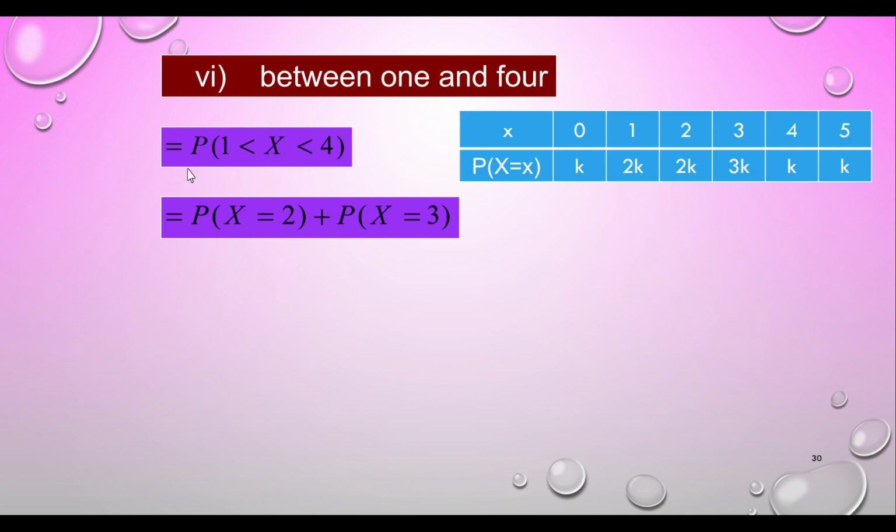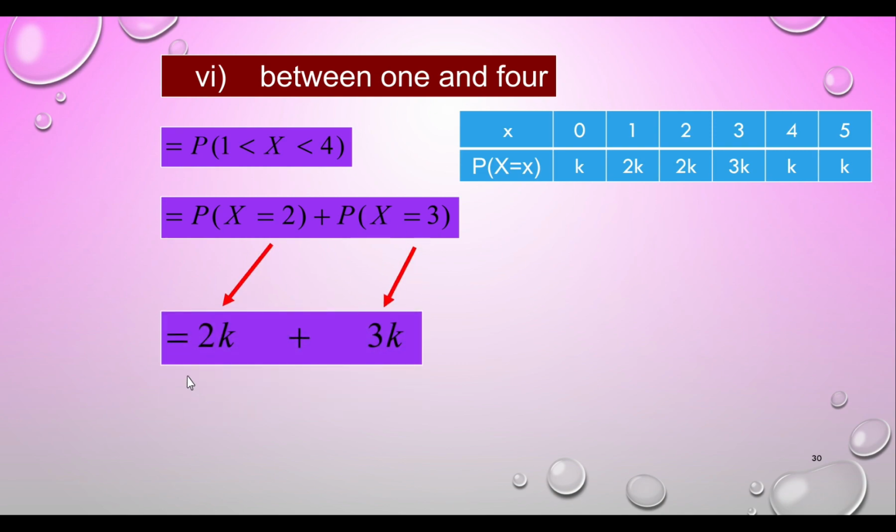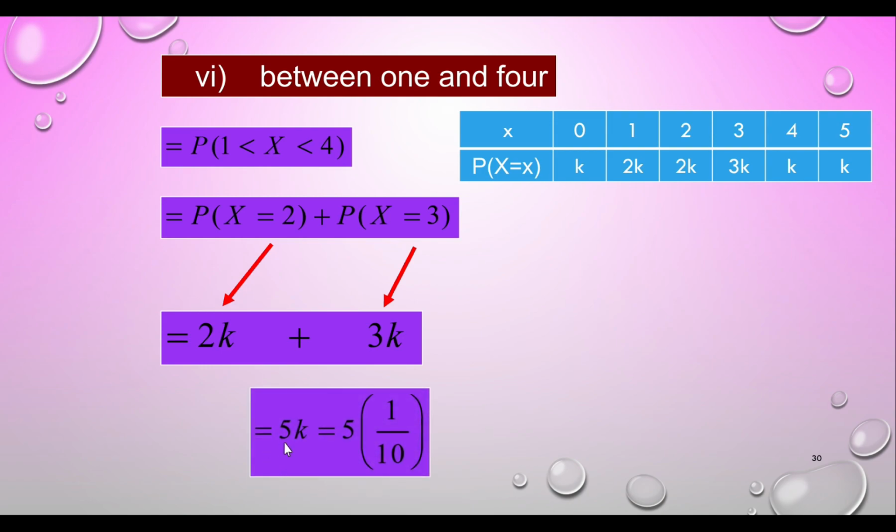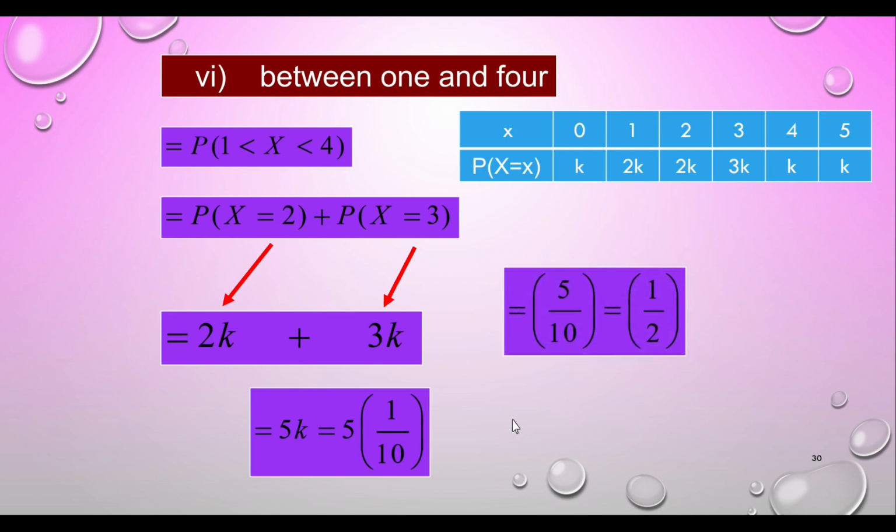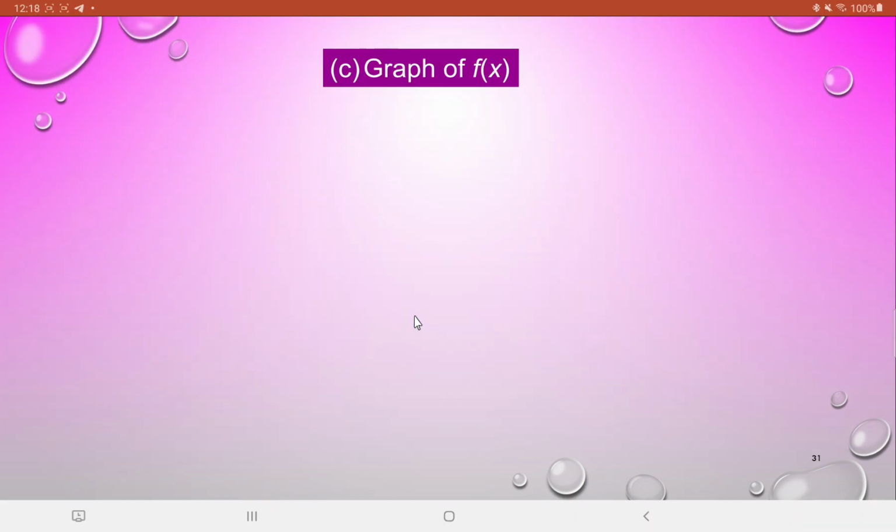Okay, to find the probability of x more than 1 and less than 4, we add the probability of x equal 2 and the probability of x equal 3. Okay, and we get 5k. We simplify, hence the probability of x between 1 and 4 is 1 over 2.